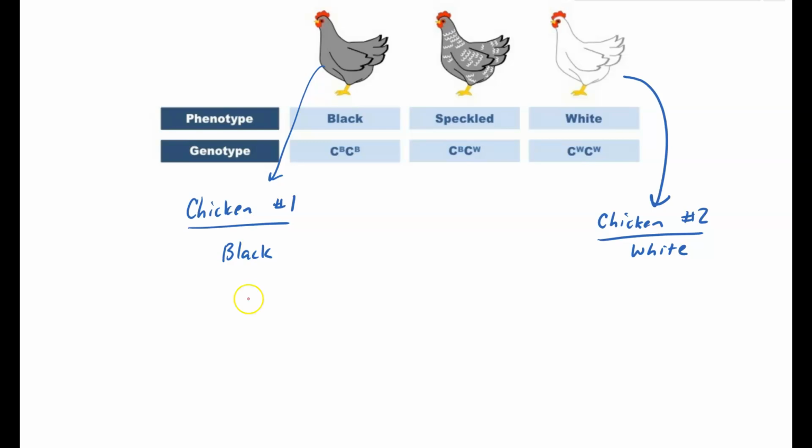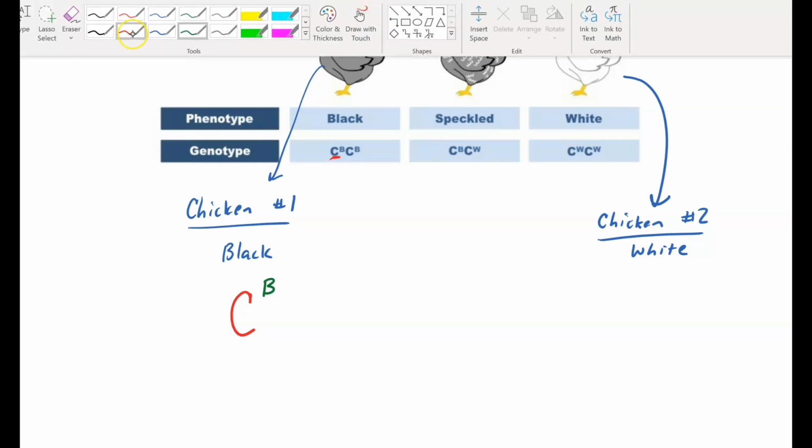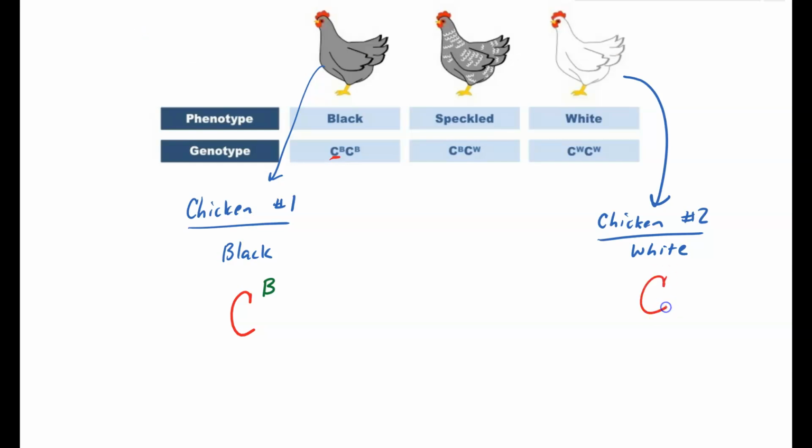For this, we're actually going to identify the gene itself or the trait itself. So this C right here is the actual trait, and then the superscript is going to be the allele or the variation of that. So there's our big B for black feathers. On the white feathers over here, I have C again for the trait, and then it's going to be this big W for white.